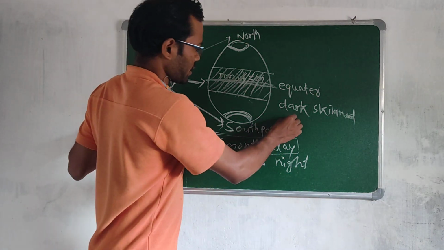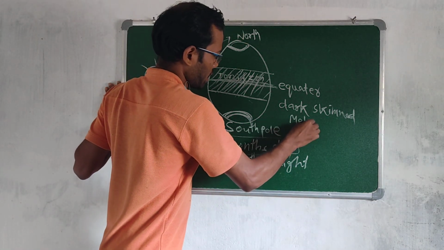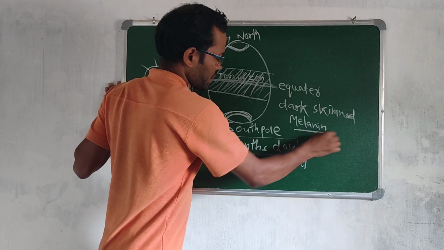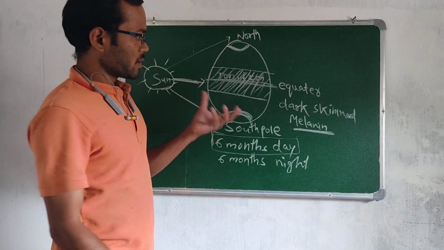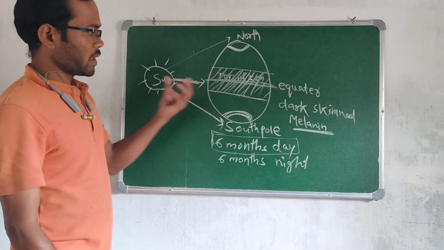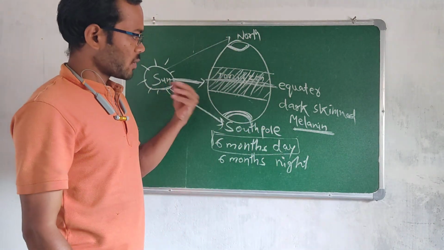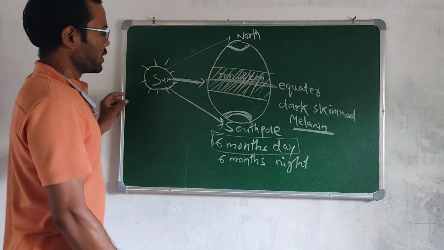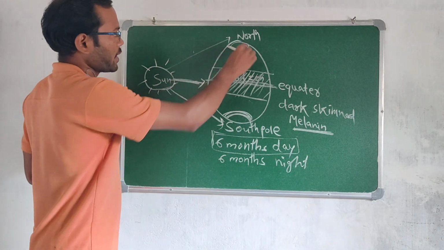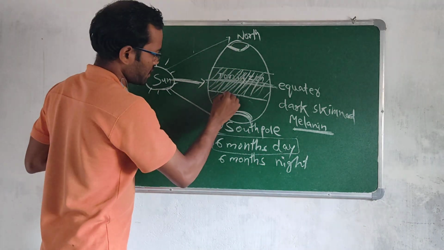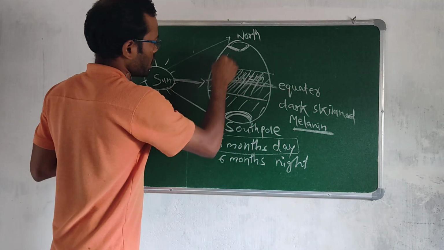This is called the melanin pigment. This pigment gives the body color, and the more it secretes in the body, the more black the people will be.